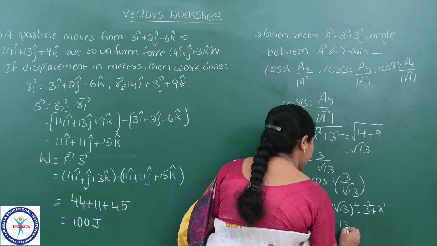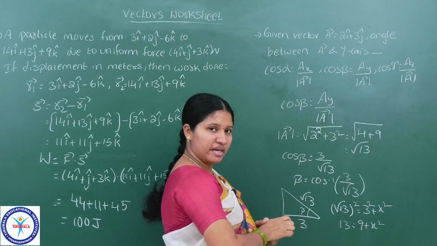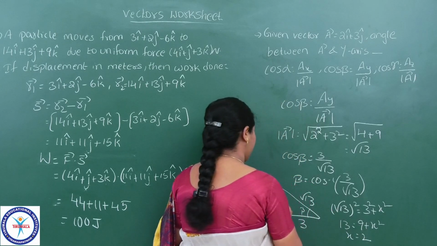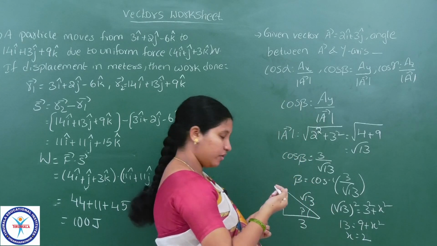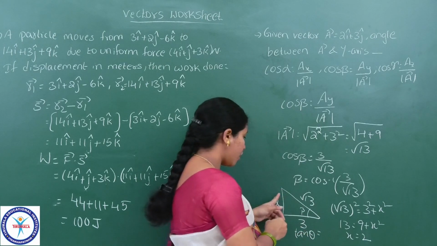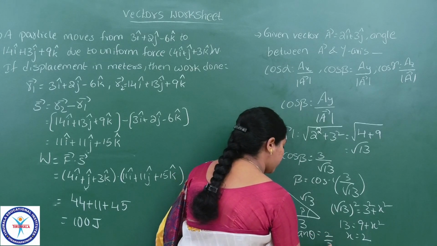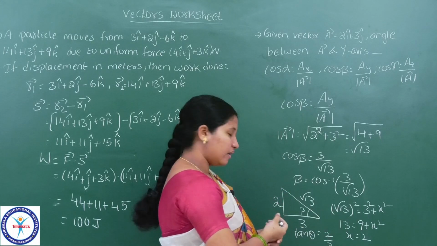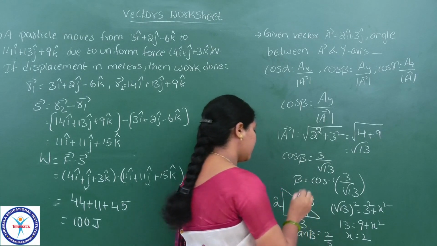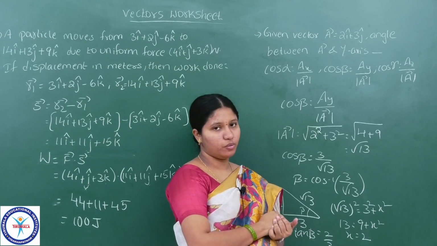So, 13 equal to 9 plus x square. So, 13 minus 9 gives us 4. So, x is equal to 2. So, from this if we want tan theta is equal to opposite side by adjacent side, that equal to 2 by 3. Means the angle beta is equal to tan inverse of 2 by 3.